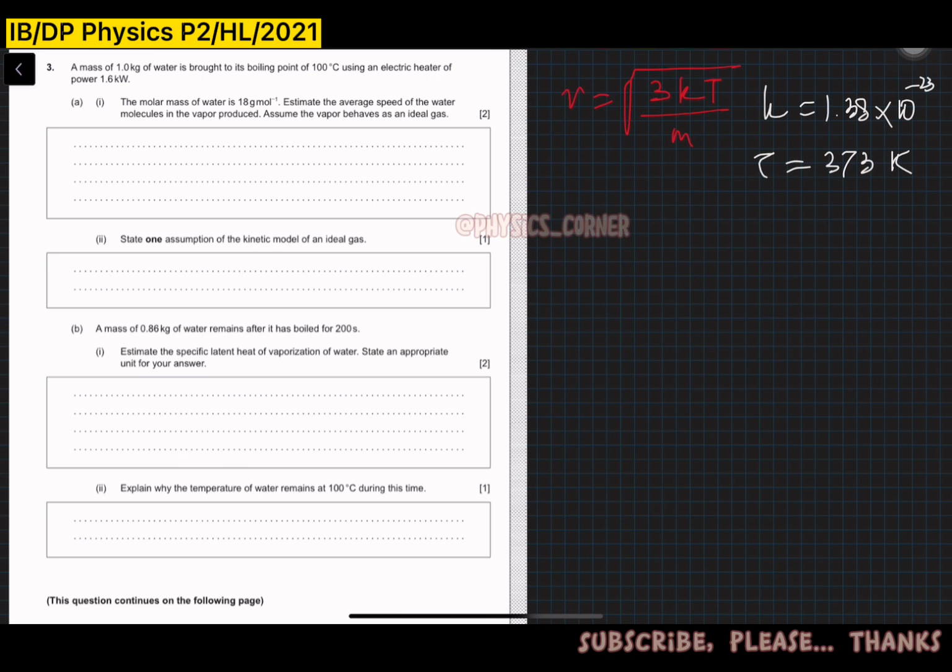And mass, we have molar mass M equals to 18 gram per mole. Oh, we have 1 kilogram. Wait.